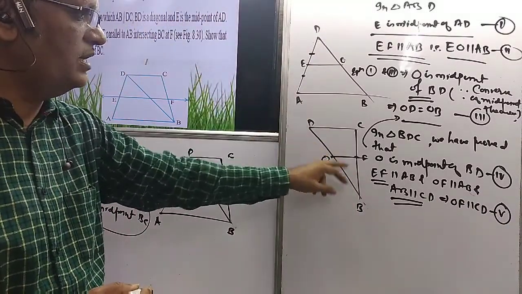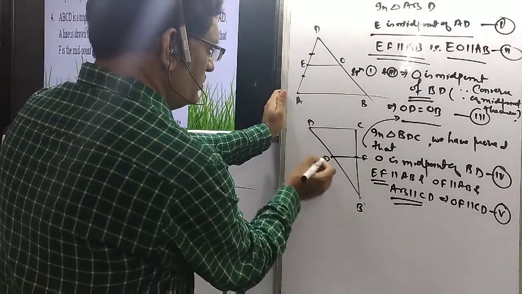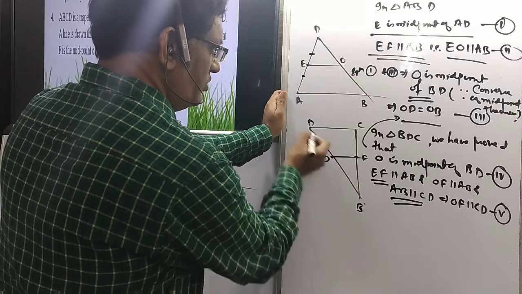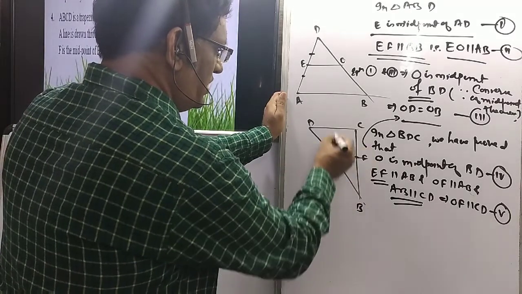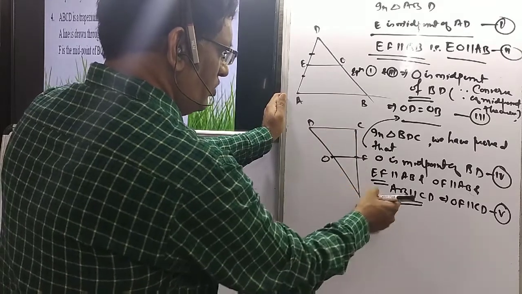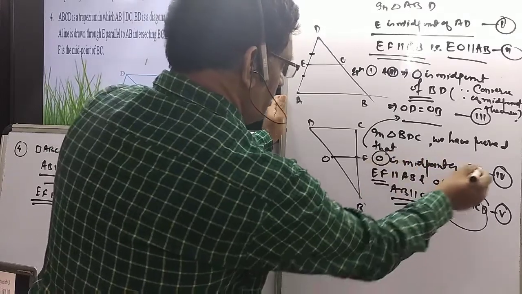So in this triangle we have got two things. O is midpoint of BD, and OF parallel to CD.